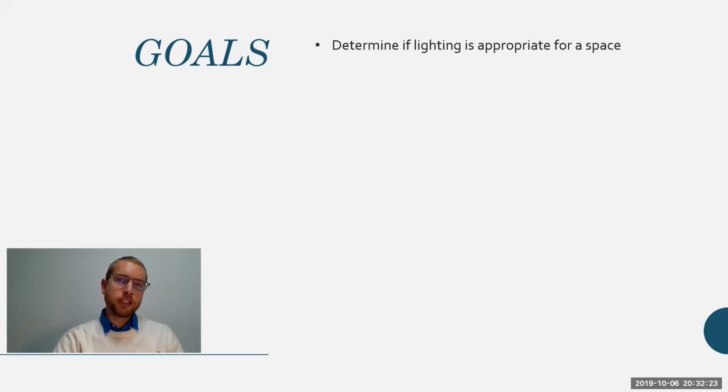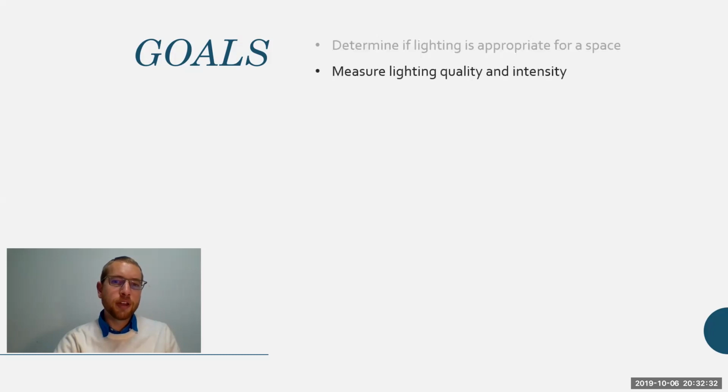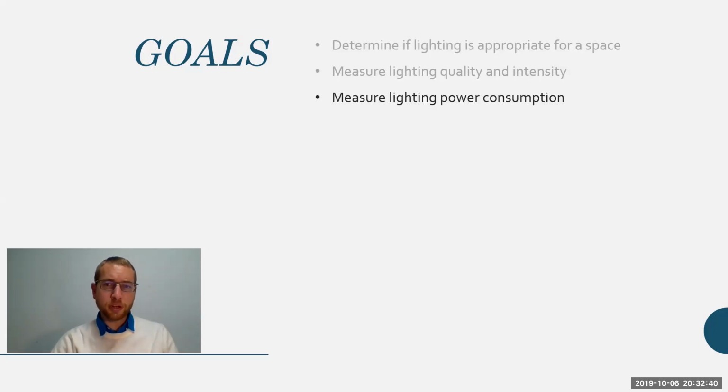And not just from a cultural perspective or layman's terms of, oh, it's a little bright or dim, or maybe the color seems a little bit off, but to actually physically measure the quality of light in the space as well as its intensity so that you can go through and judge for yourself on a scientific basis whether it's meeting code or is maybe too intense for the human eye.